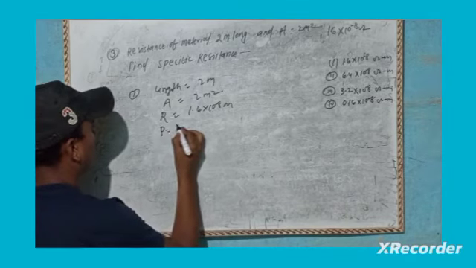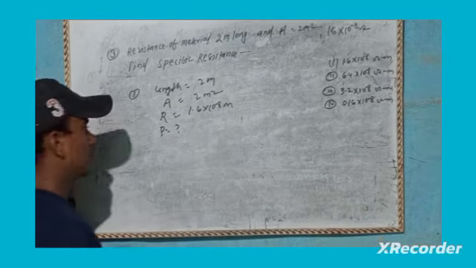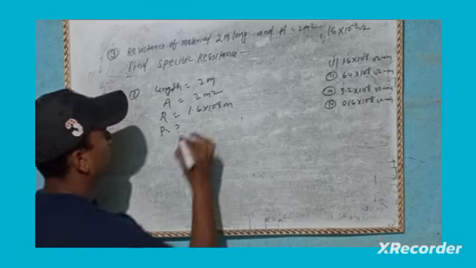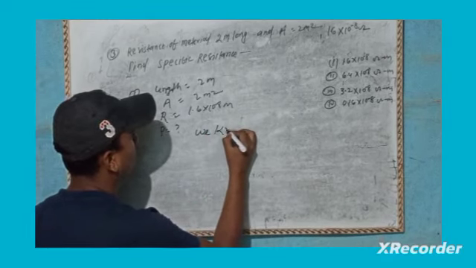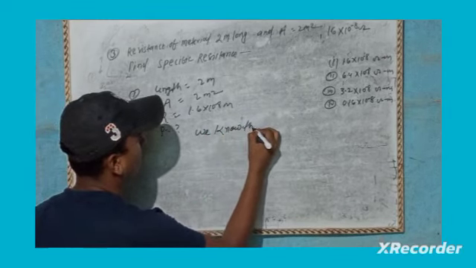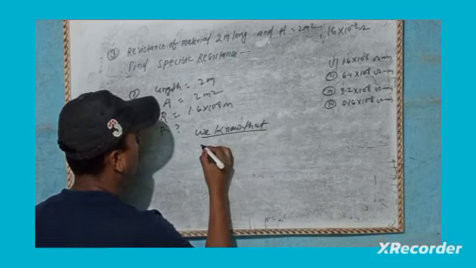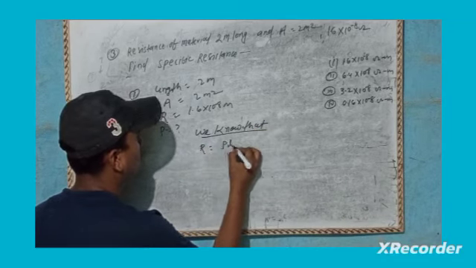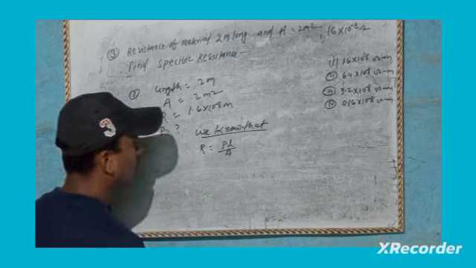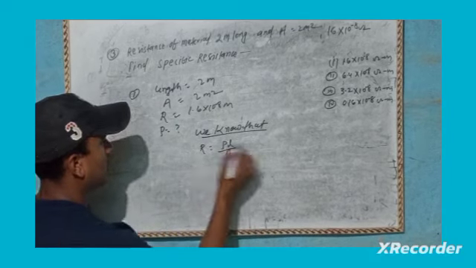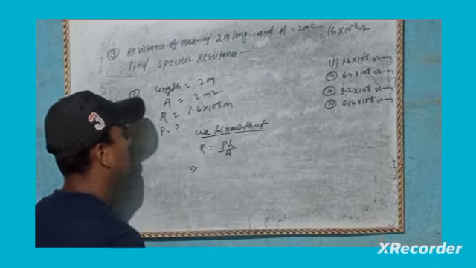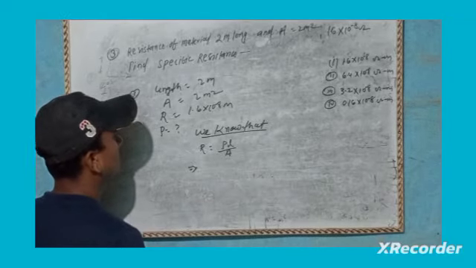Then what is the resistivity? You know that R is equal to rho L by A. Put all the parameters in this equation and you will easily find the resistivity value.